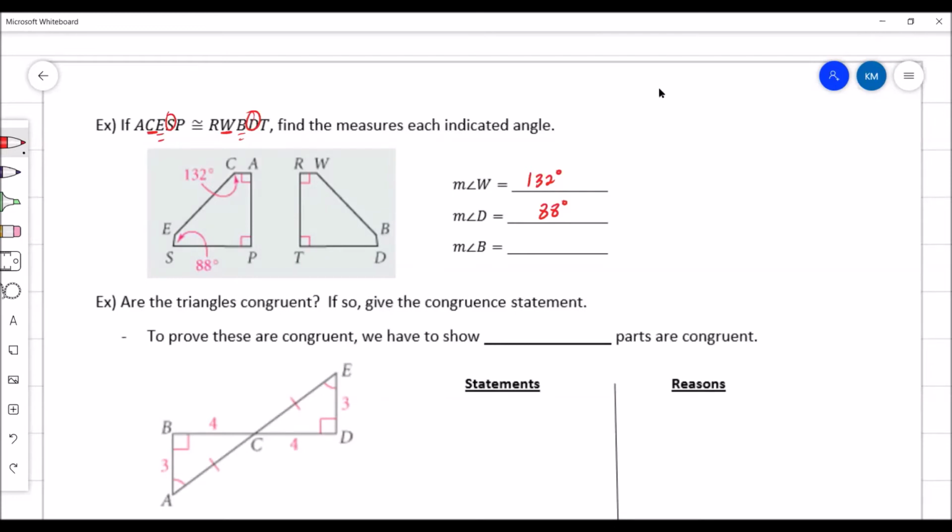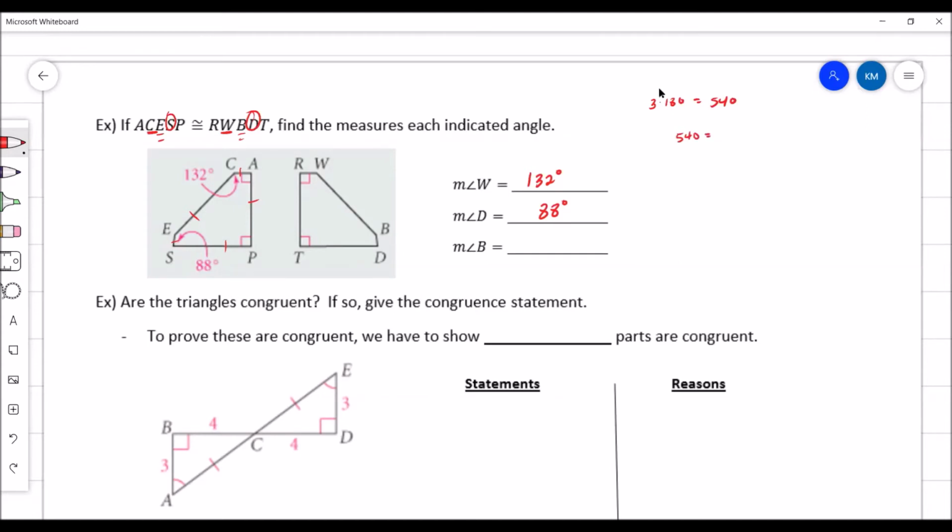And so what we can do to figure out what angle E is, since we're given the measures for everything else, is we can say how many sides are here. 1, 2, 3, 4, 5 sides. Okay, and so we can use our n minus 2 times 180, 5 minus 2 times 180, and say the sum should be 540 degrees. 540 is our sum, and all of our angles should add up to it.